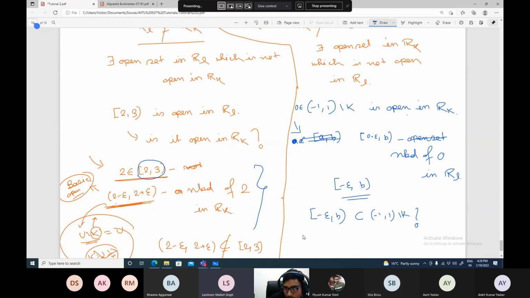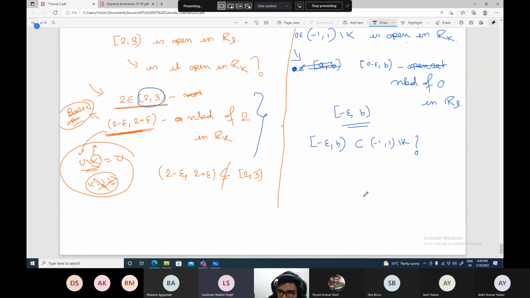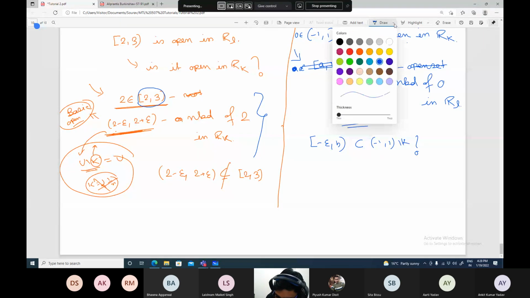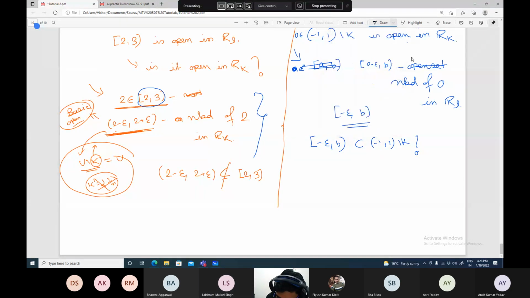Why? We remove K from it. But in the interval (minus epsilon, b), there are elements from K of the form 1 by n. Yes, there exist elements in (minus epsilon, b) of the form 1 by n, right?